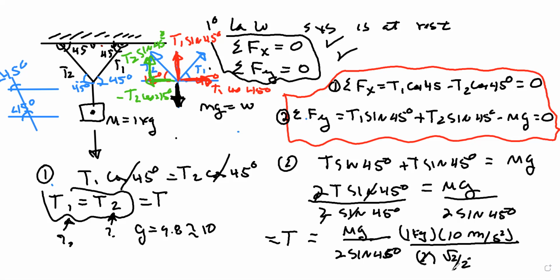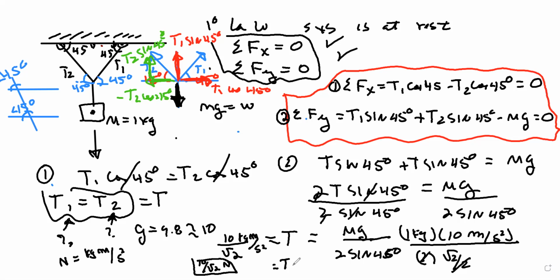This 2 cancels with this 2, and we're going to have 10 over square root of 2 kilogram meter over second squared. So our tension is going to be equal to 10 over square root of 2 newtons, because the newton is defined as kilogram meter over second squared.